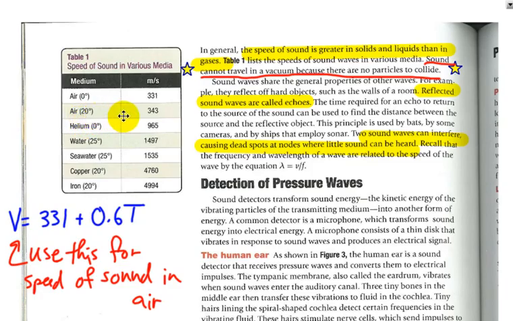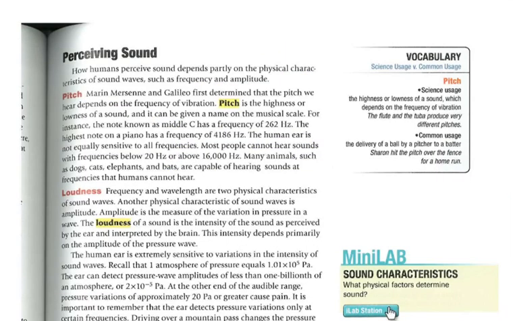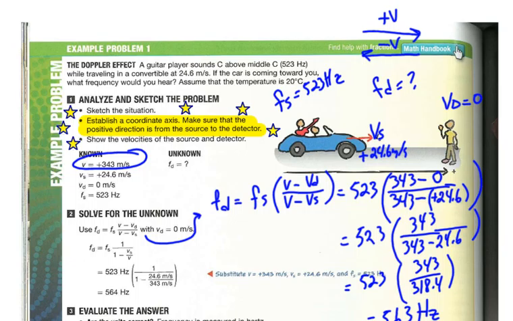Yes, air, 20 degrees C, 343. So 343 is the speed of sound that day, so that's V and V, 343, 343. The detector is not moving. The source is moving. Since it's moving to the right, that's positive velocity. Moving to the left would have been negative velocity.